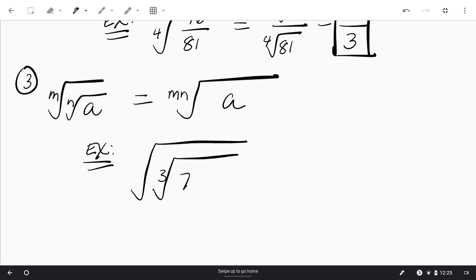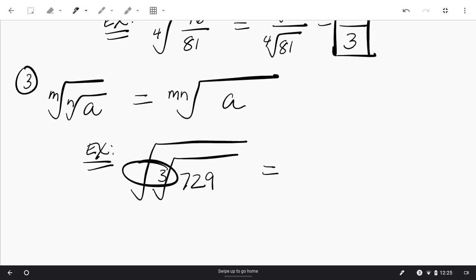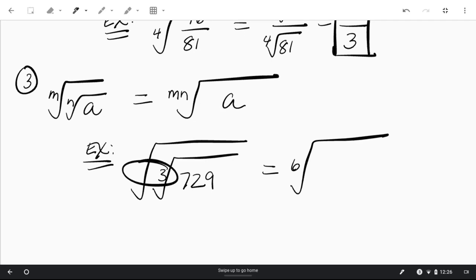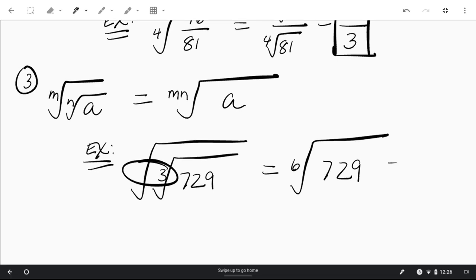Instead of dealing with this double radical here, I could just multiply these 2 here, and that would be the 6th root. Now we have a single radical instead of 2. And we're taking the 6th root of 729, which equals 3.